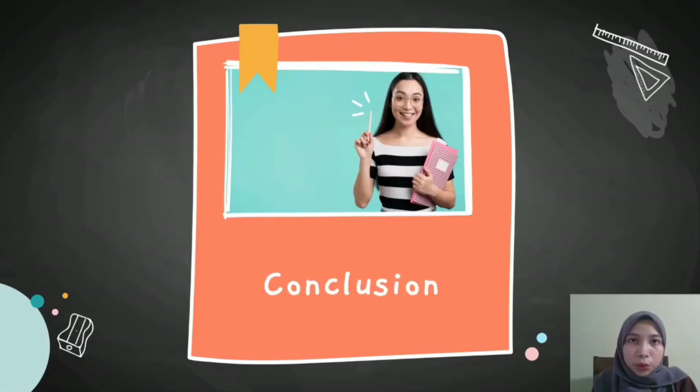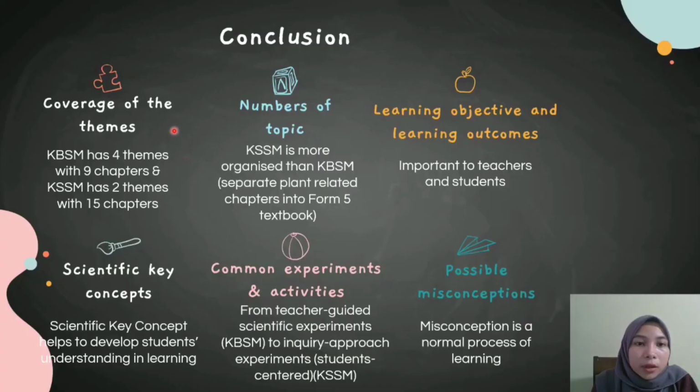Okay, so our group has already explained well the curriculum specification for Biology Form 4. So in conclusion, all the scope in KBSM is much different from the new syllabus, which is KSSM. For the coverage of the themes, KBSM has 4 themes with 9 chapters and KSSM has 2 themes with 15 chapters.